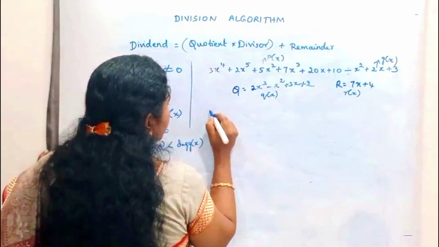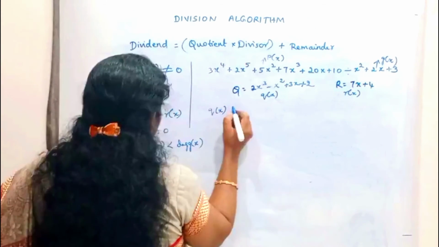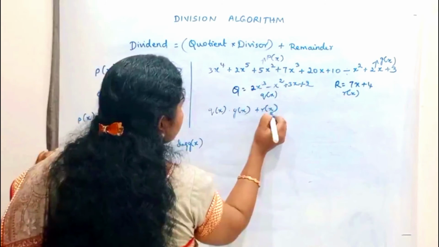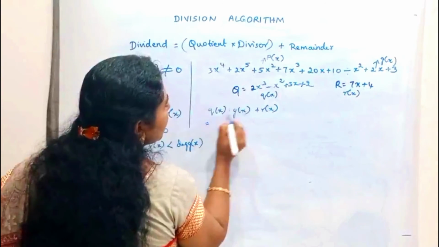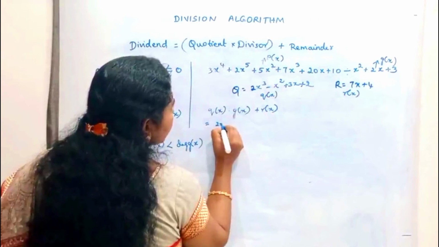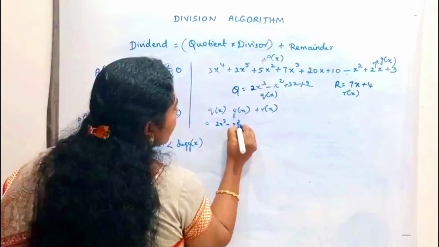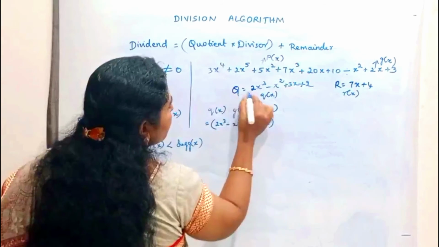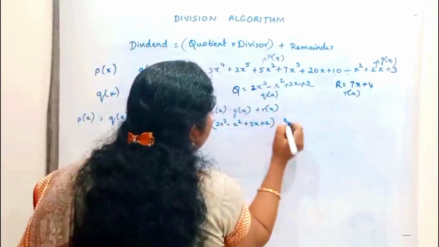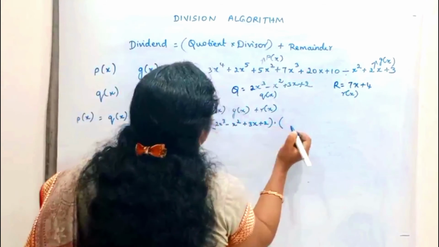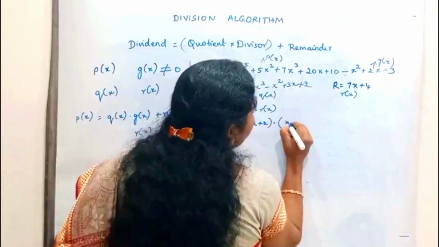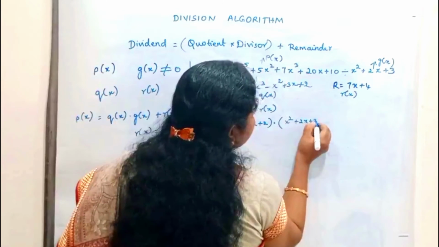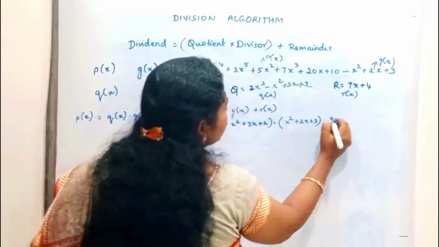So first it is q of x into g of x plus r of x. This is equal to, here q of x is 2x cube minus x square plus 3x plus 2, and the next into g of x, which is x square plus 2x plus 3, then plus r of x.